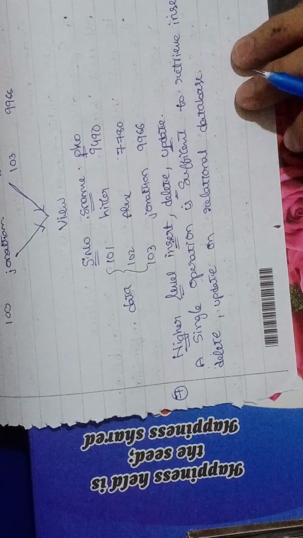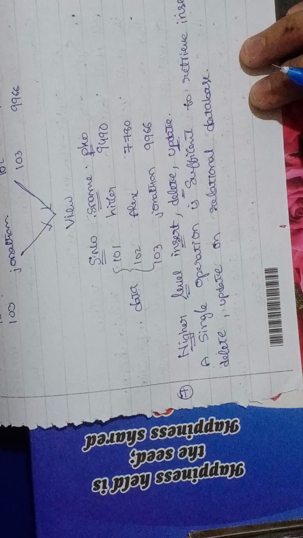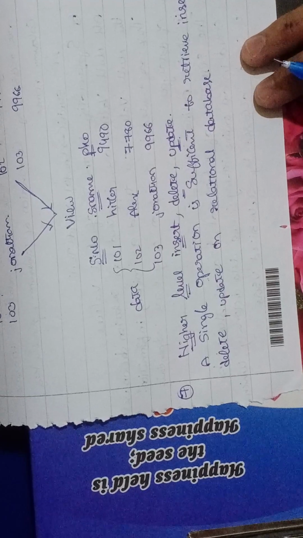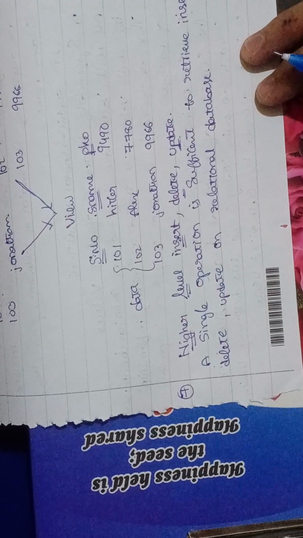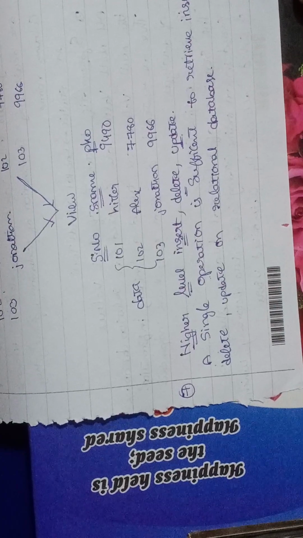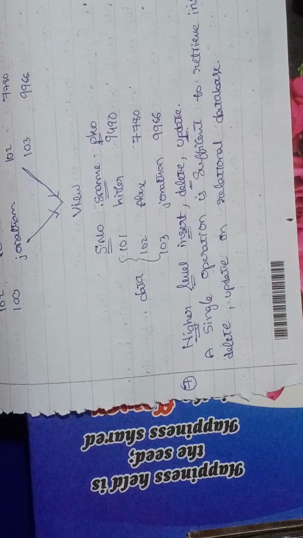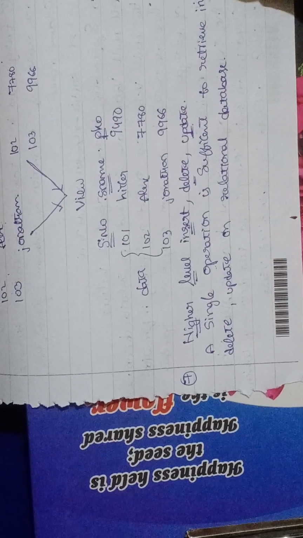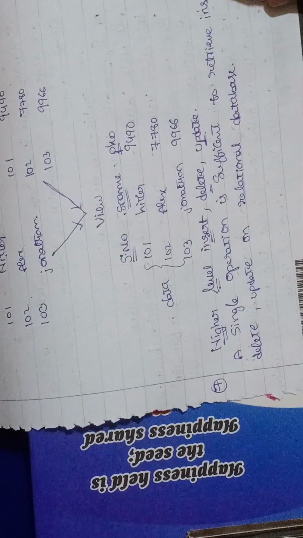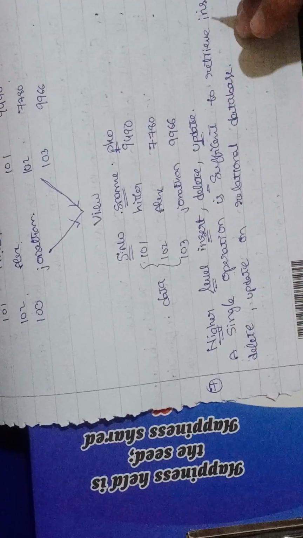It is called higher level inserting, delete and update. Example, we can see insert into student values student name, student number, student age, and delete from student, fields and constraints. These are the higher level examples.